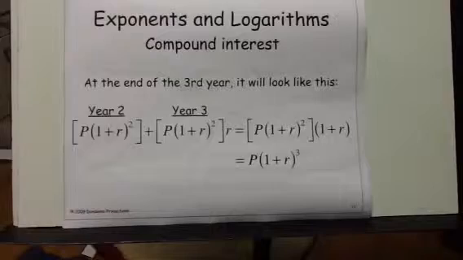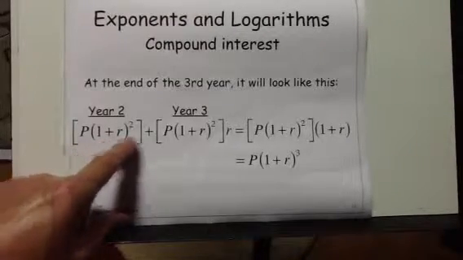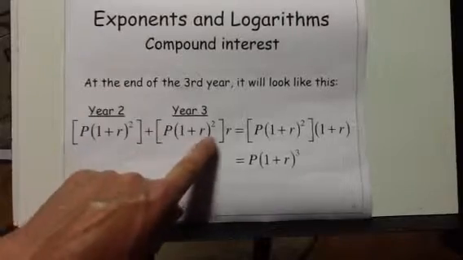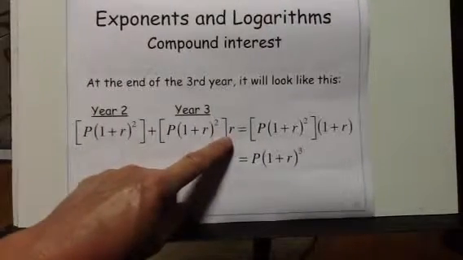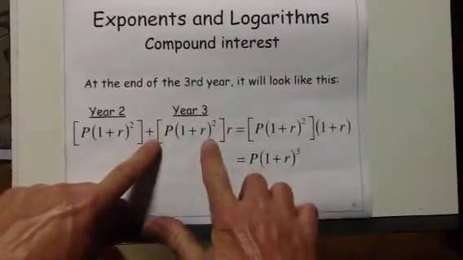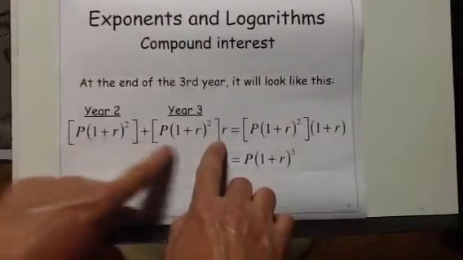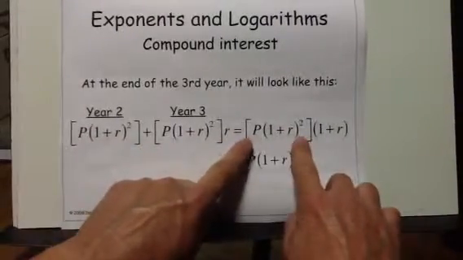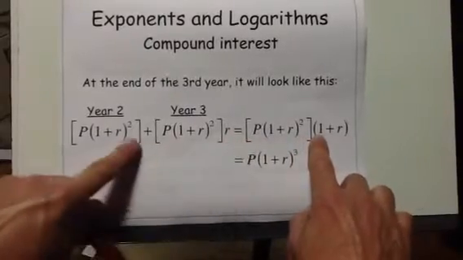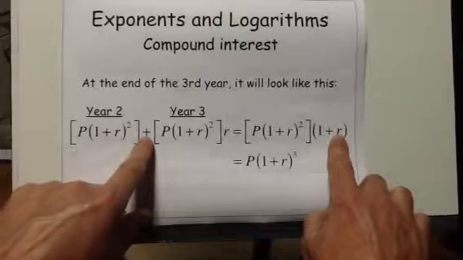At the end of year 3, we've got what we started with at the end of year 2, and then we're going to take that amount and generate some more interest, multiply it by our interest rate. Well, this big fat expression is what I can factor out of both of these chunks right here, so that P times that stuff right there times 1 gives me this piece, and this times that R gives me this piece.